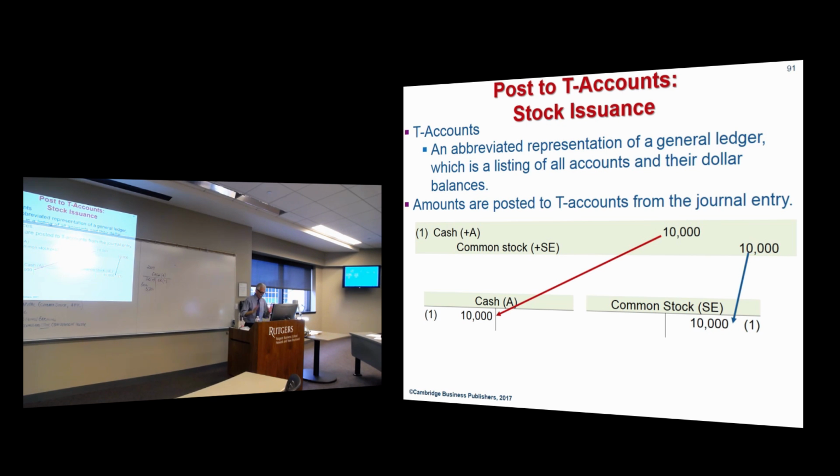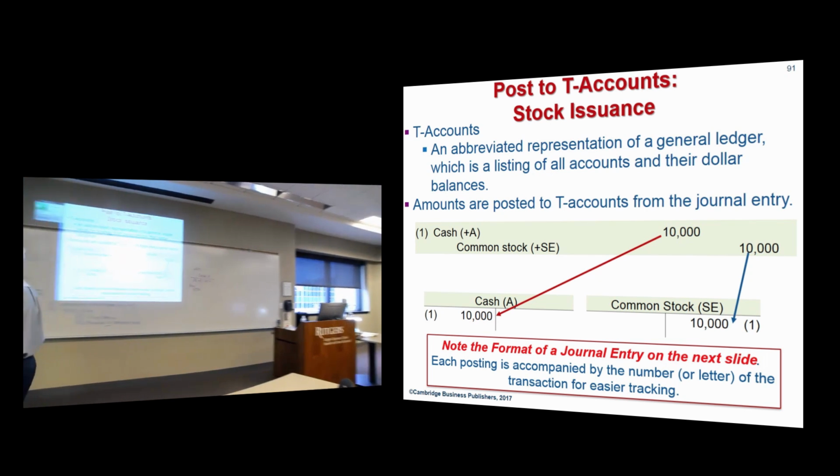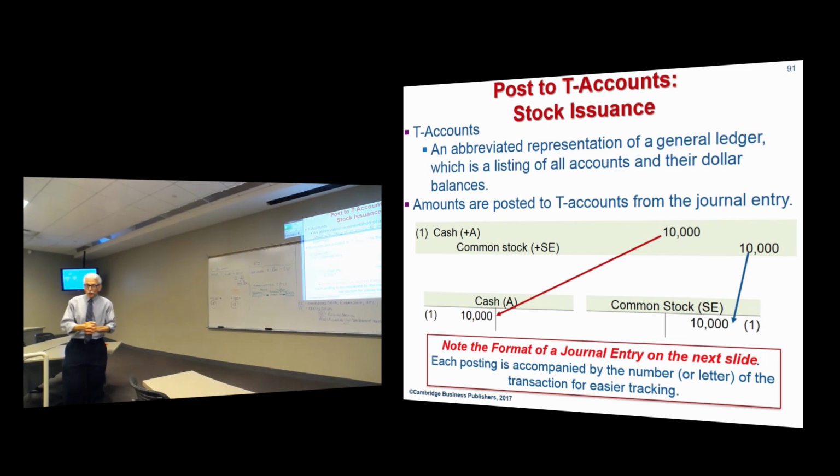Now, this is the format. You have to be very careful. By the way, I will tell you that you've got to have the specific accounts. It happens a lot at the undergraduate level, but graduate students are not immune from this problem. Gee, I should get credit because I debited assets and credited stockholders' equity for $10,000. That's not what you need to do. We need to have specific accounts identified.